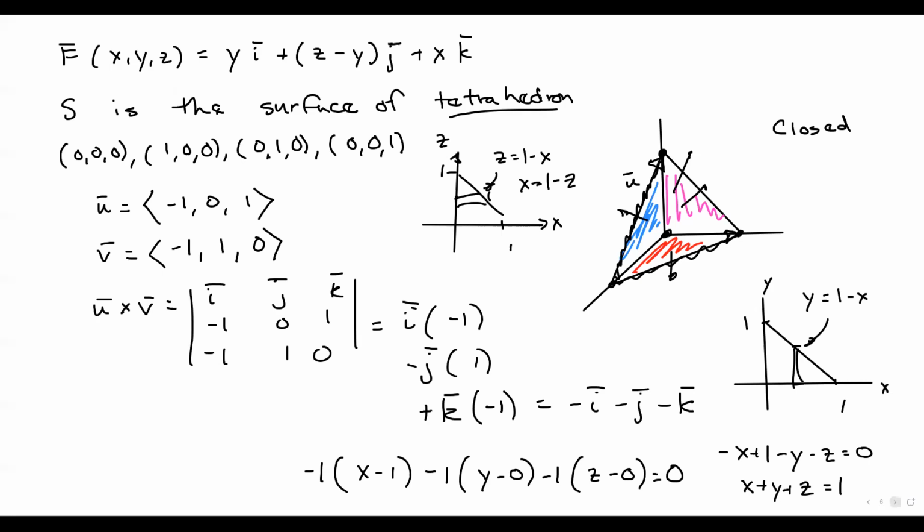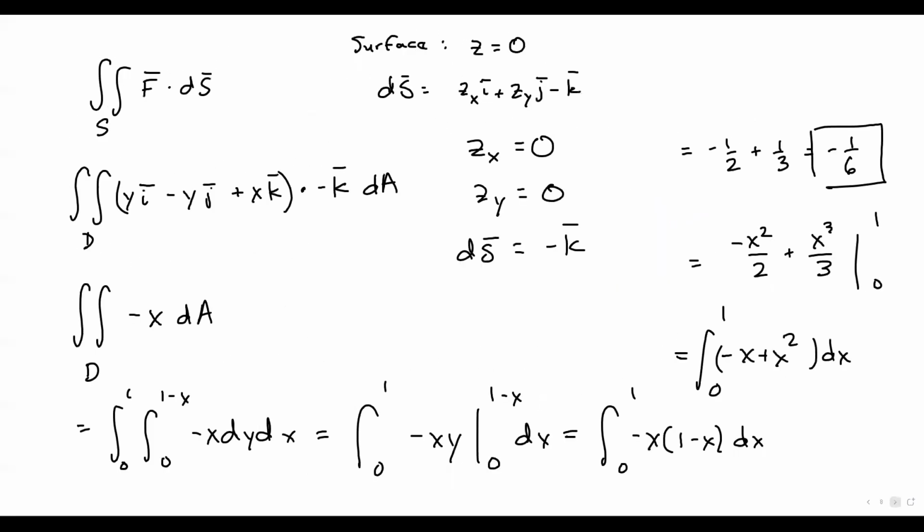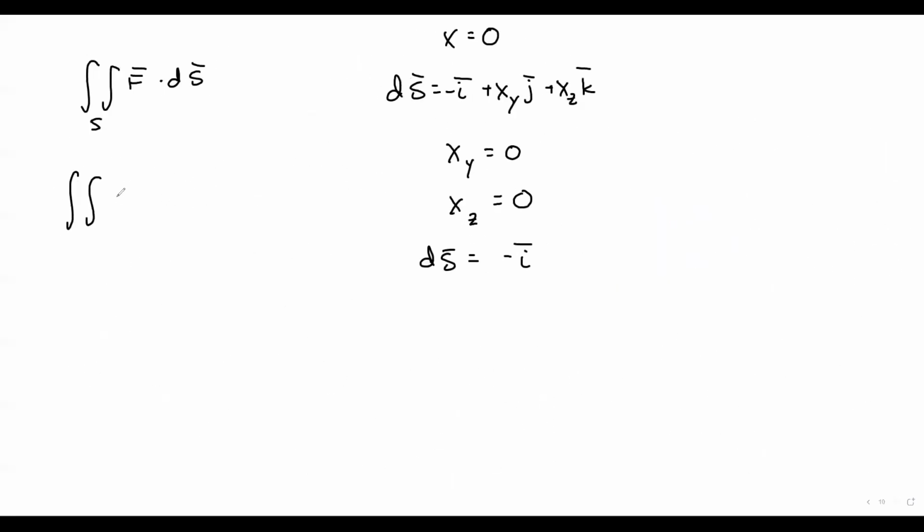So we're going to have yi and z minus yj. All right, so that's our definition for f, except with our surface plugged in to get it down to just 2 variables. And then we dot it with dS, which is negative i.